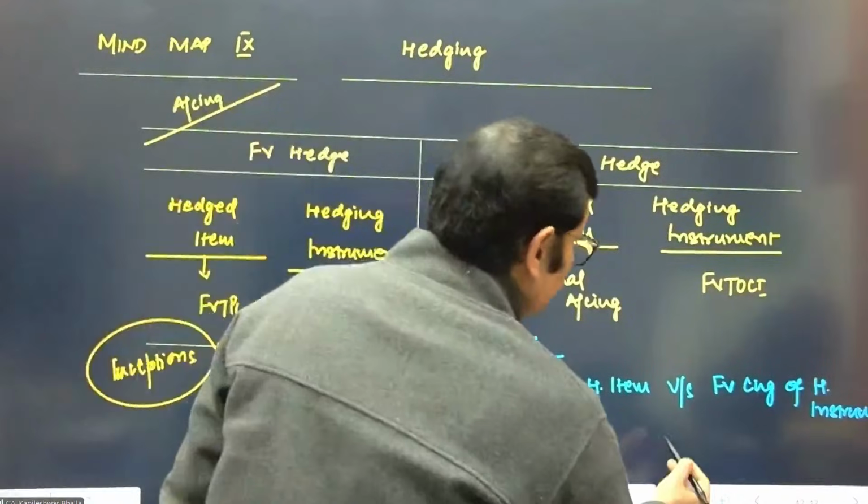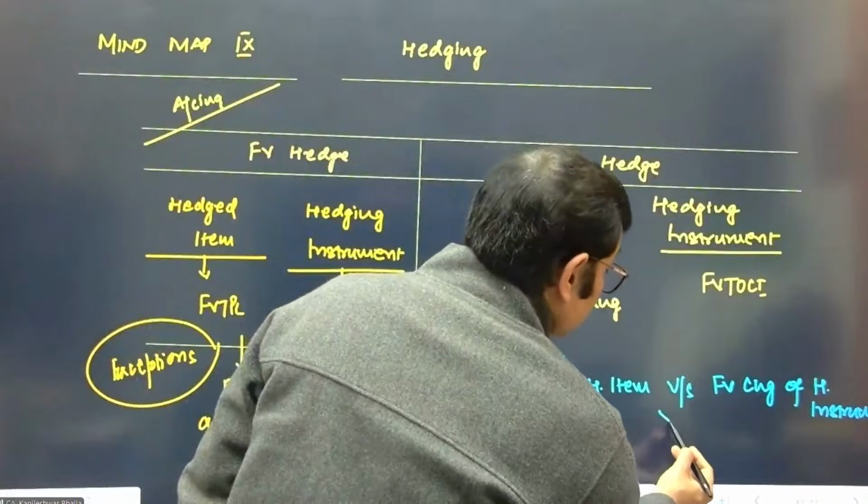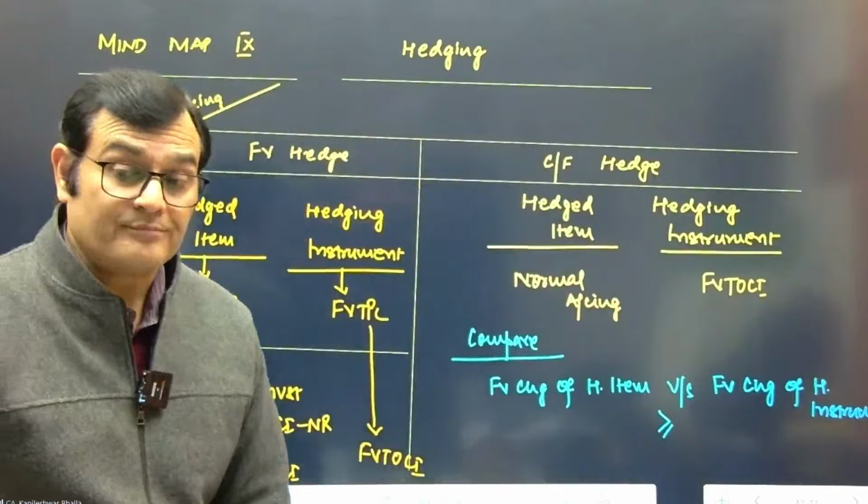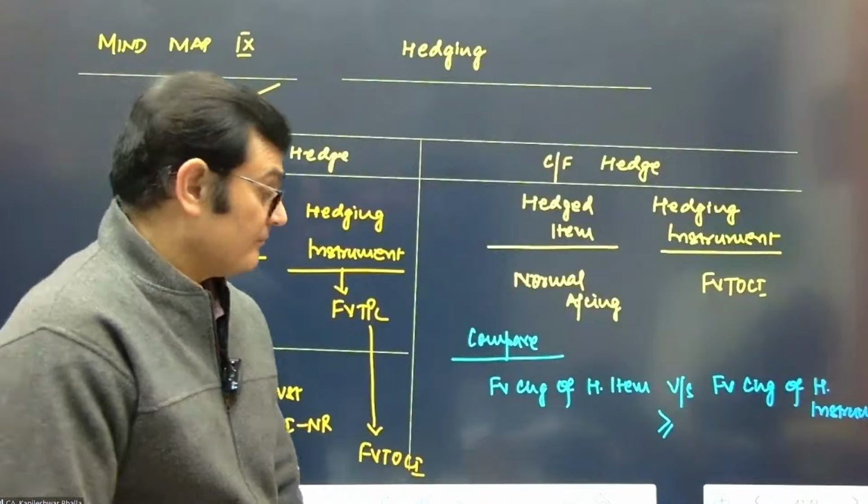Okay, so if this is, let's say, greater than or equal to, where do you take the fair value change? Sir, if it is equal to, then we will move to OCI.